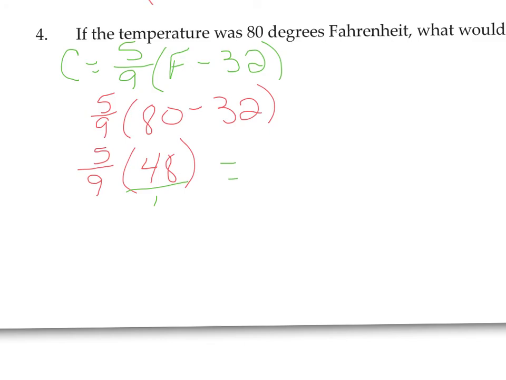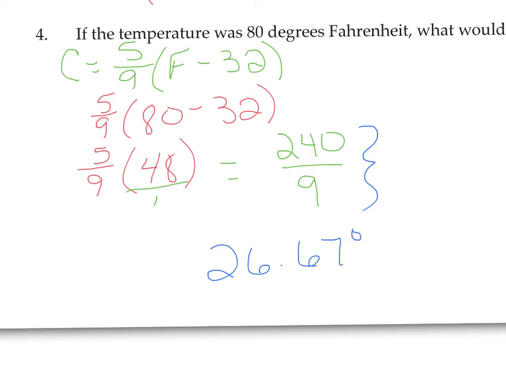That multiplication will give you 240 over 9, but of course we express temperature as a decimal, so you're going to want to change that to a decimal by doing some division here. 240 divided by 9, 26.67 when I round it to 2 decimal places, and that's degrees Celsius.